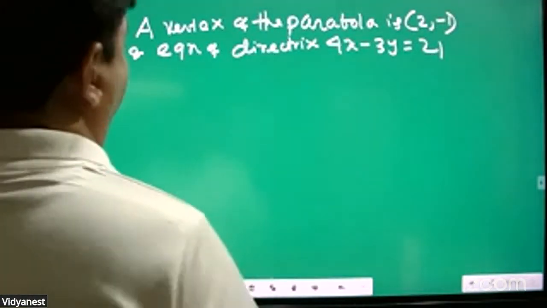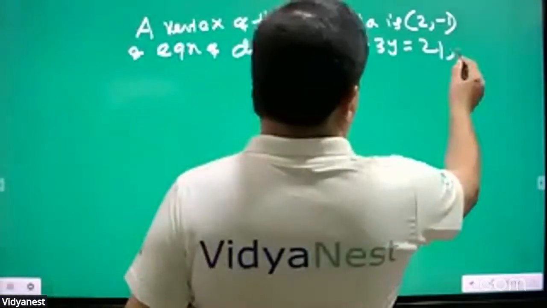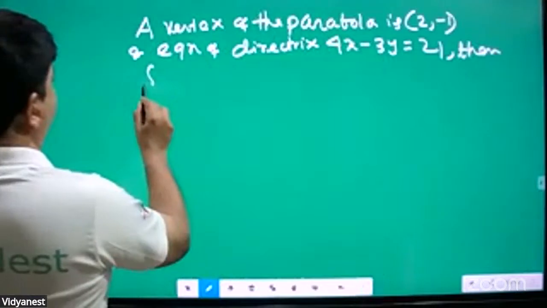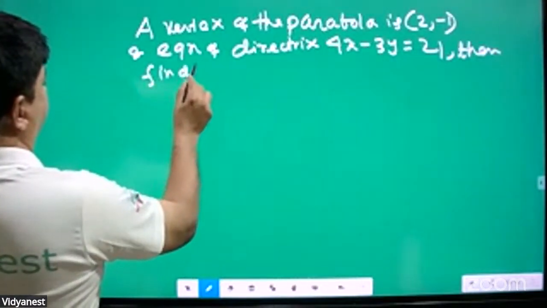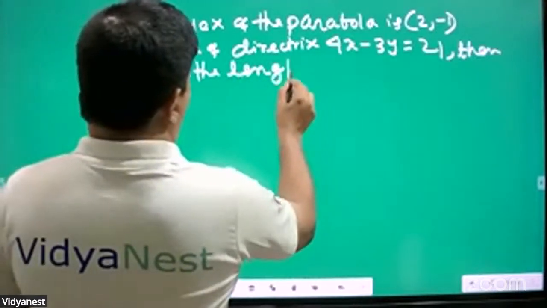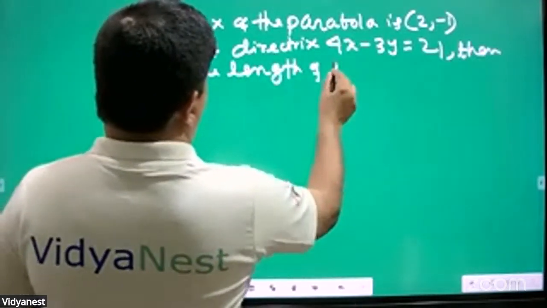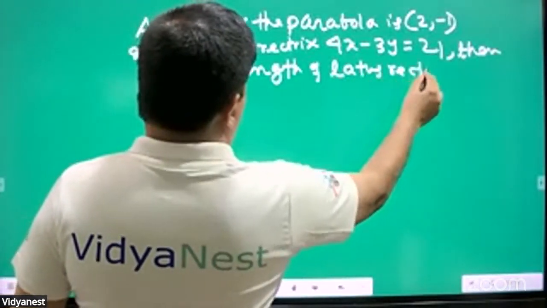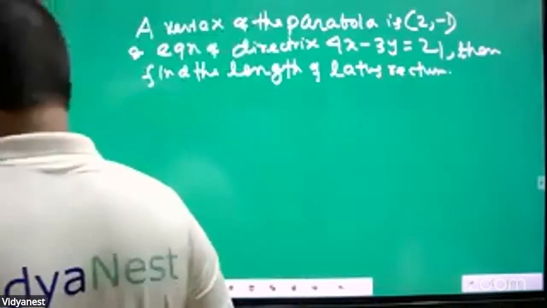Then you are told to find the length of latus rectum. There will be 4 options.